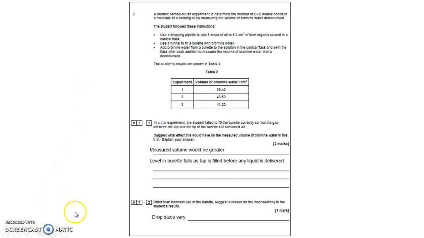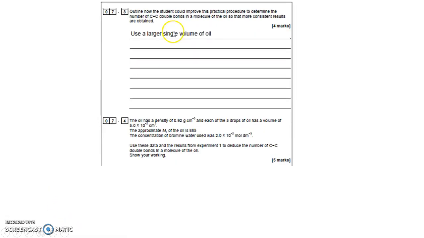In a flask, when you're doing a titration, you need 25 centimetres cubed. That's the standard amount that we use in a flask so that you can see and measure the reaction change accurately. So first of all, I'd use a larger volume of oil. 5 drops is not enough. Secondly, I'd mix it with the organic solvent.